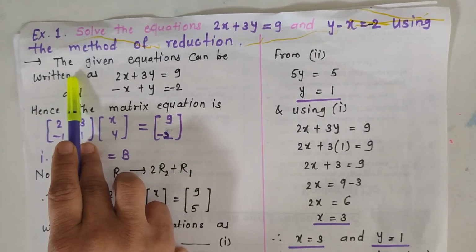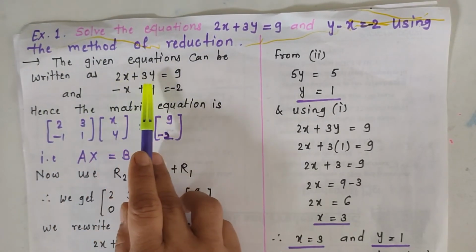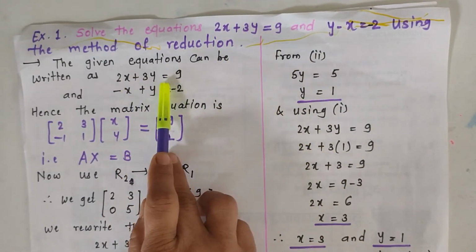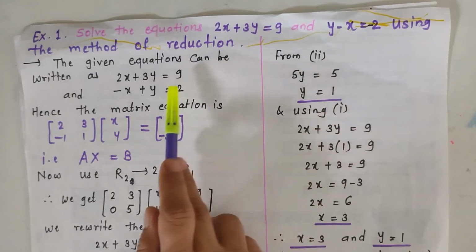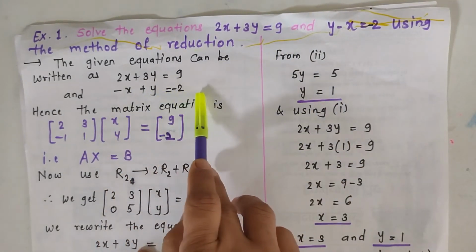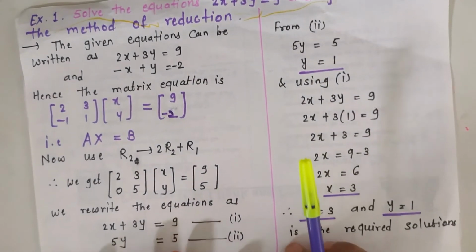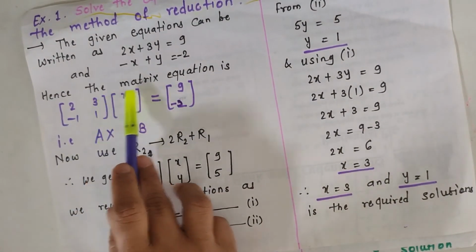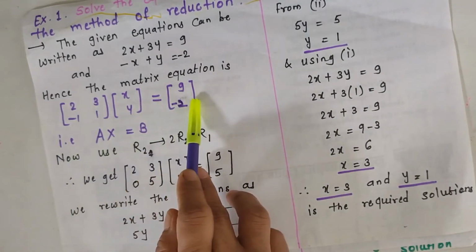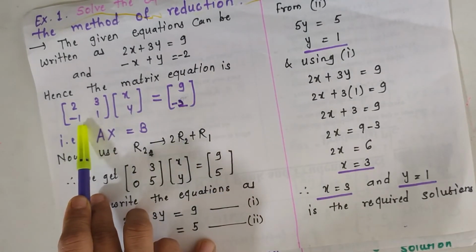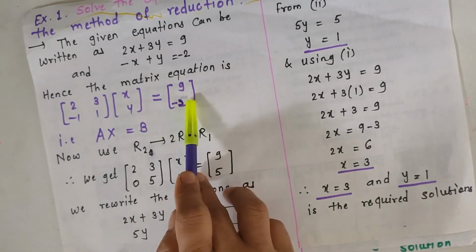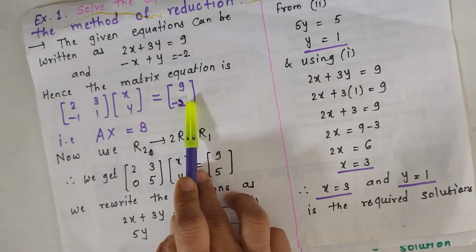The given equations can be written as 2x plus 3y is equal to 9, the first equation as it is, and the second equation in proper form, such as minus x plus y is equal to minus 2. Then the first step, write the given two equations in matrix form, A X is equal to B. A means coefficient matrix, X means variable matrix, and B means matrix of constants.